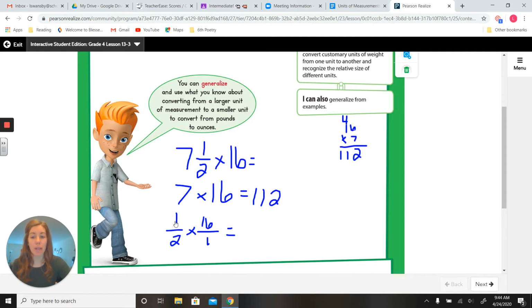Or you can multiply across. 1 times 16 is 16. 2 times 1 is 2. That's an improper fraction. You know to change that. 16 halves gives us a nice number of 8. So 112, don't forget to add these at the end, plus 8 gives you 120.